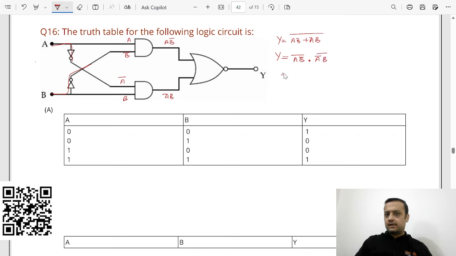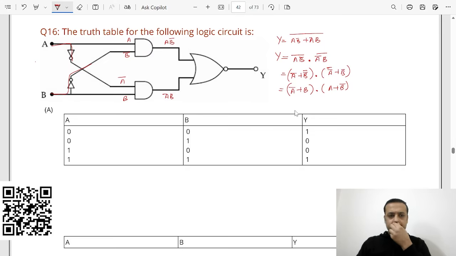All right, now again if I apply De Morgan's theorem on this, that will become (A bar plus B bar) bar multiplied by, again applying De Morgan's theorem on this, (A bar bar plus B bar). All right. Now from here we can see that it will be (A bar plus B) multiplied by (A plus B bar).